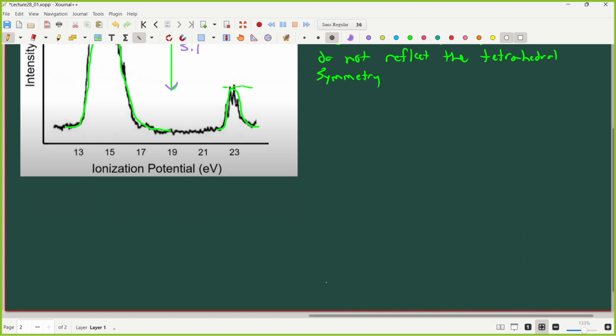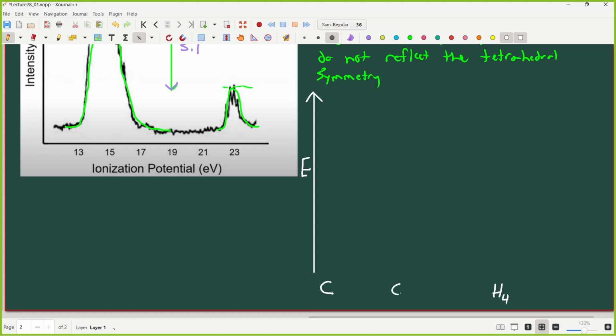So on the left-hand side, I'm going to put carbon. Again, we'll do energy in this order. Energy is on this order. Right, and then we'll put our 4 hydrogens on the right-hand side, and then our CH4 orbitals in the middle. All right, we're going to do the same construction that we did in our boxes. So we'll start with our 2s orbitals for carbon, sorry.